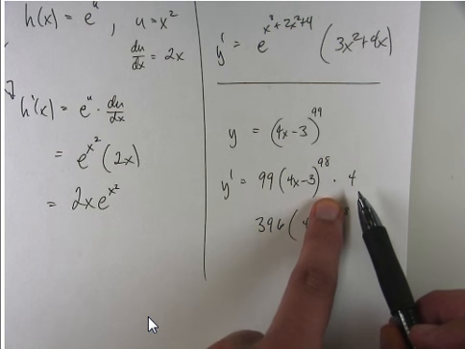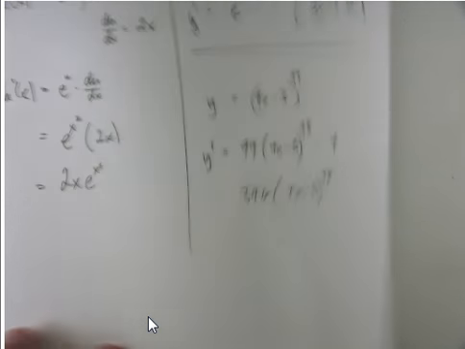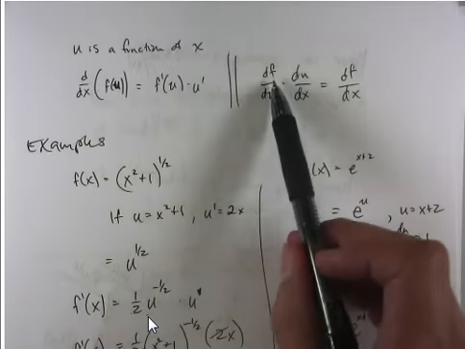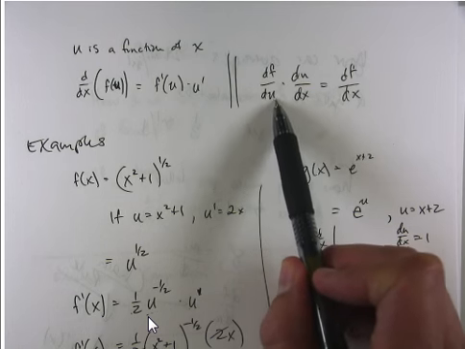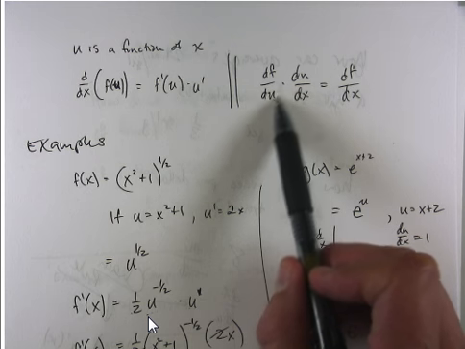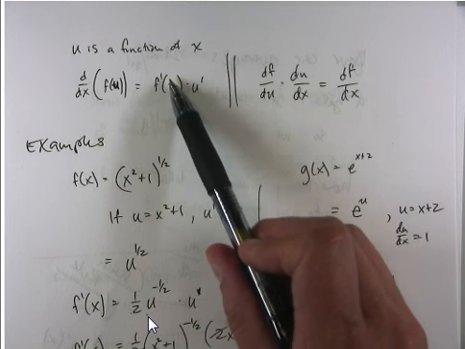That's the times 4. So back when we introduced the rule here, df du, du dx. I'm treating that u as if it's the x. I'm taking the derivative with respect to that thing. This is f prime of u.